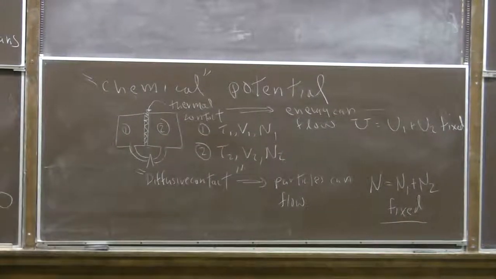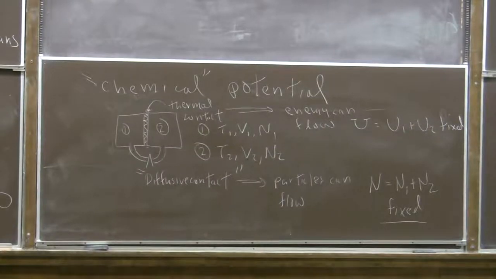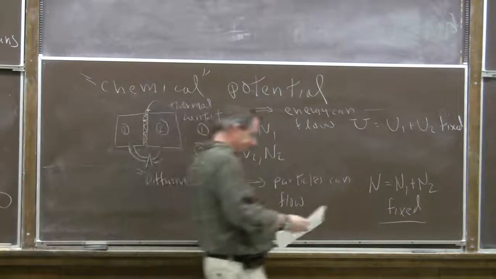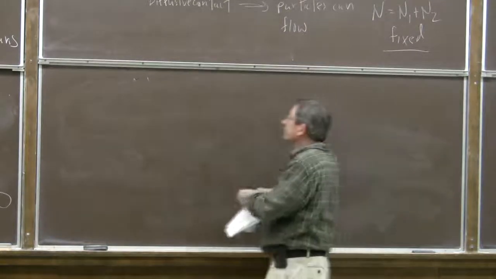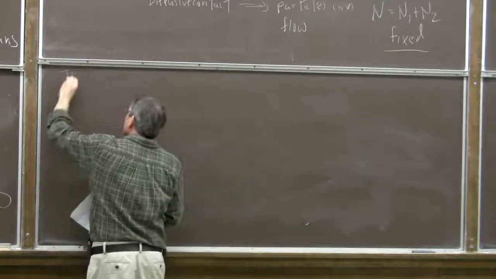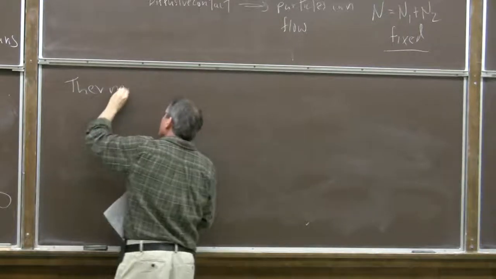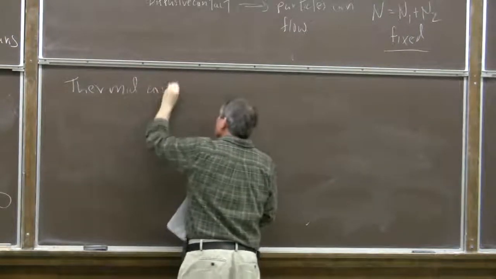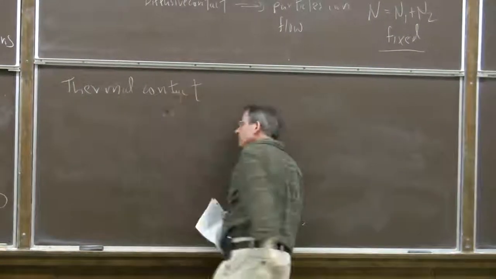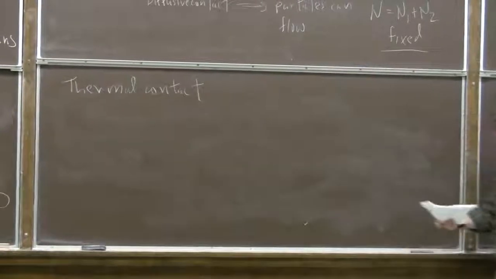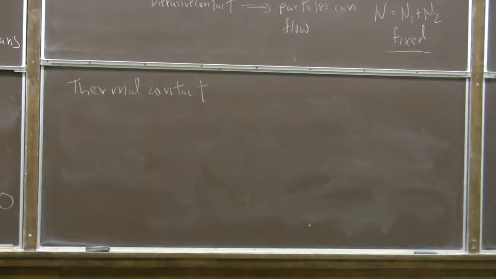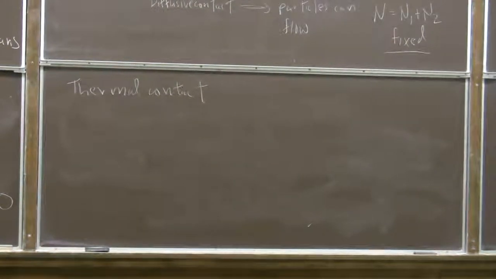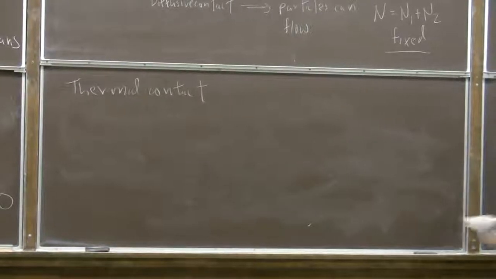Now, in the case of thermal contact, you'll recall what happens. Once thermal contact is established, the system will seek out its most probable configuration. It will find the way of sharing the energy between the two systems which gives it the maximum number of accessible states.